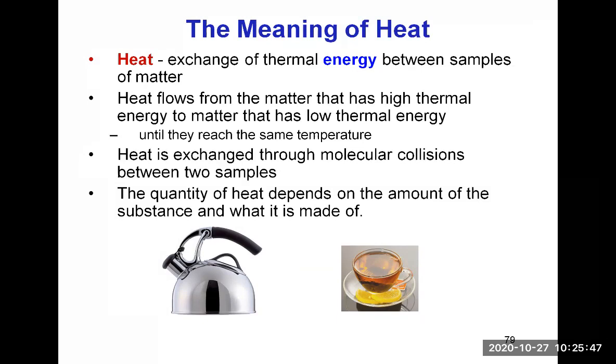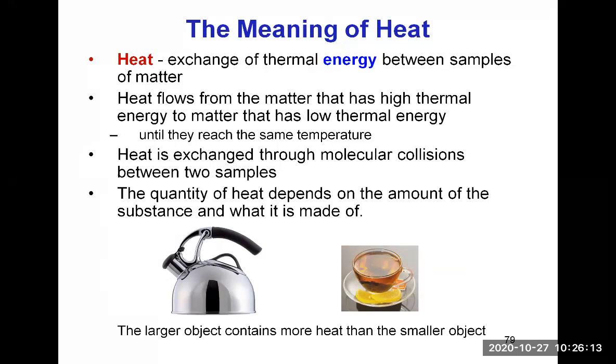And so the quantity of heat depends on the amount of the substance and what it is made of. So here we still have our kettle and a teacup with the same water at 100 degrees Celsius. However, the tea kettle with more water contains more heat than the smaller teacup. To visualize this, imagine you would get this burning water on yourself.